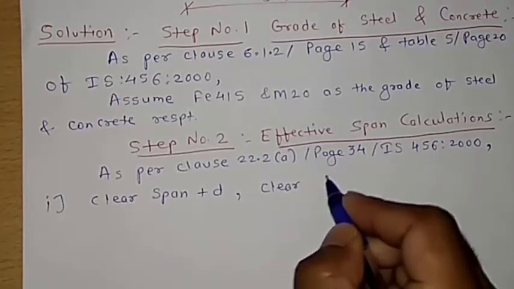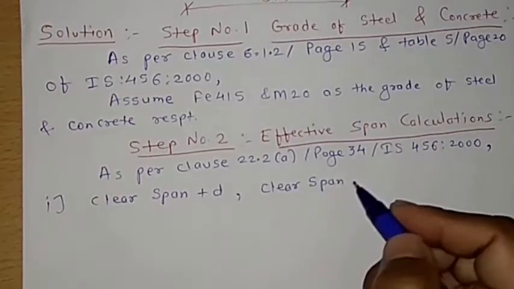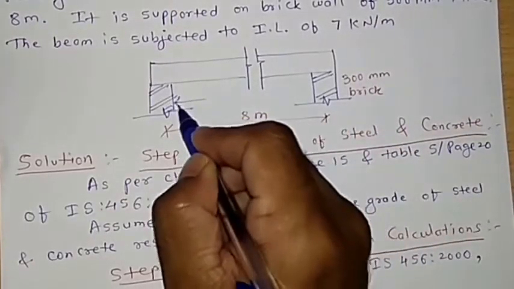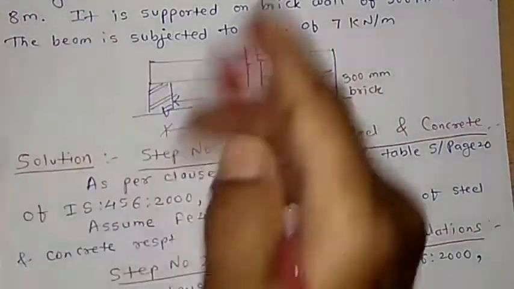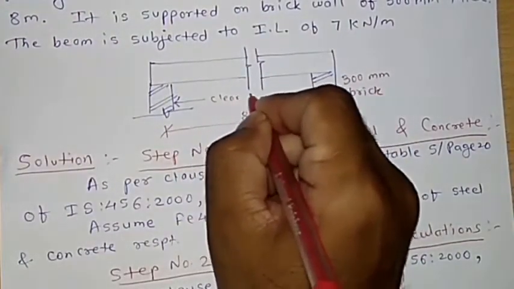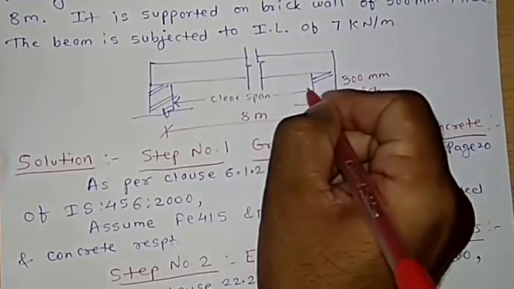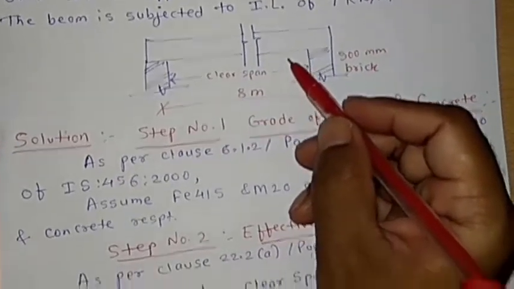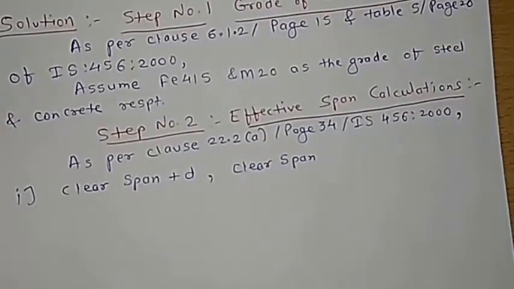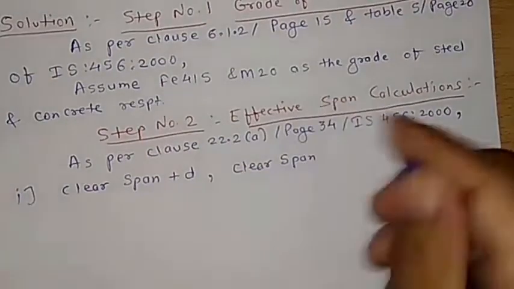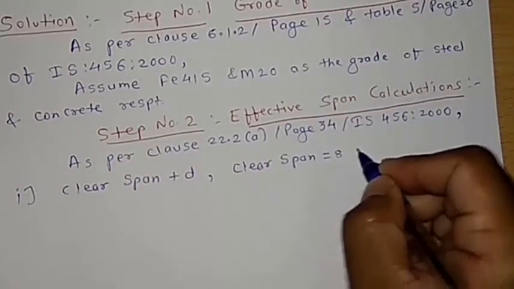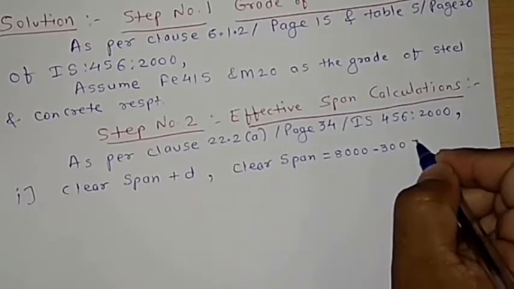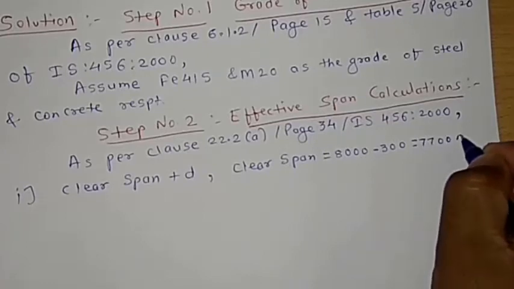So clear span would be equal to, if you look at the diagram, this one as your clear span. You need to just deduct the 300 mm thick brick wall from the 8 meter, so that would be 7.7 meter. In terms of mm, 8000 minus 300, which is equal to 7700 mm.